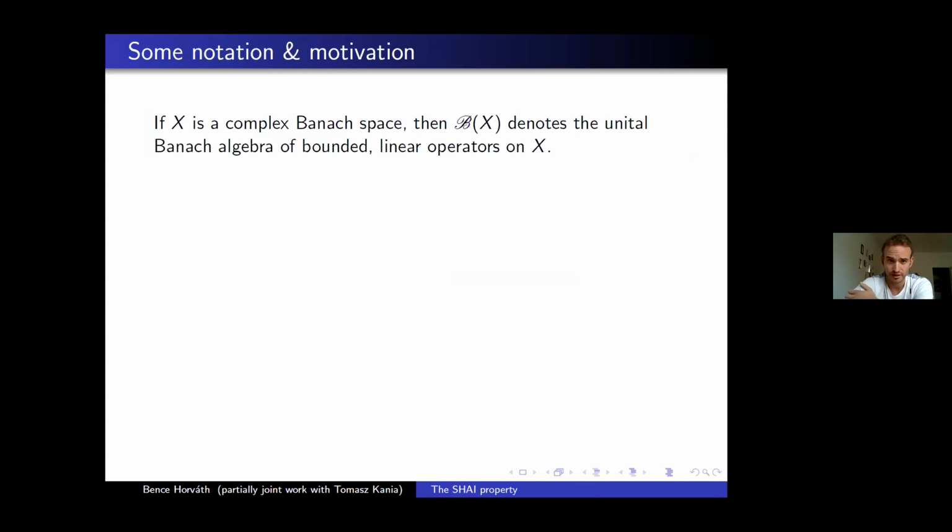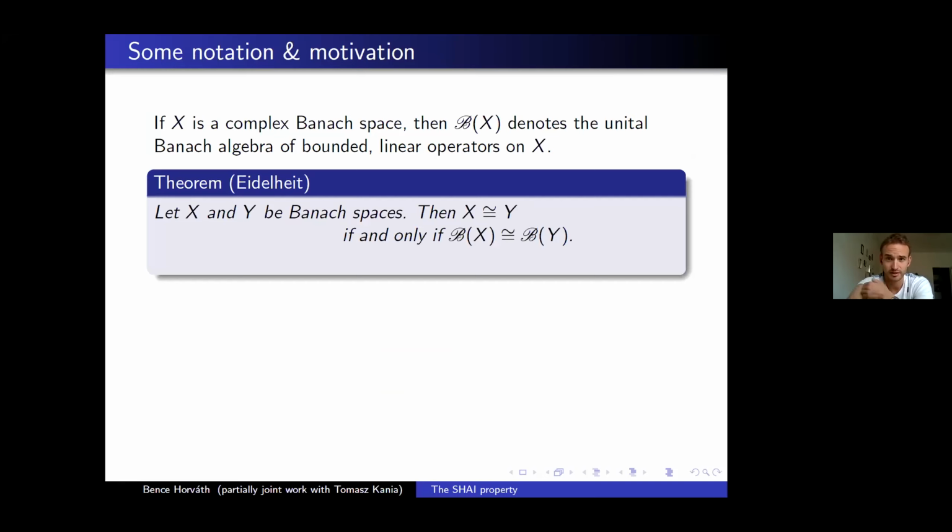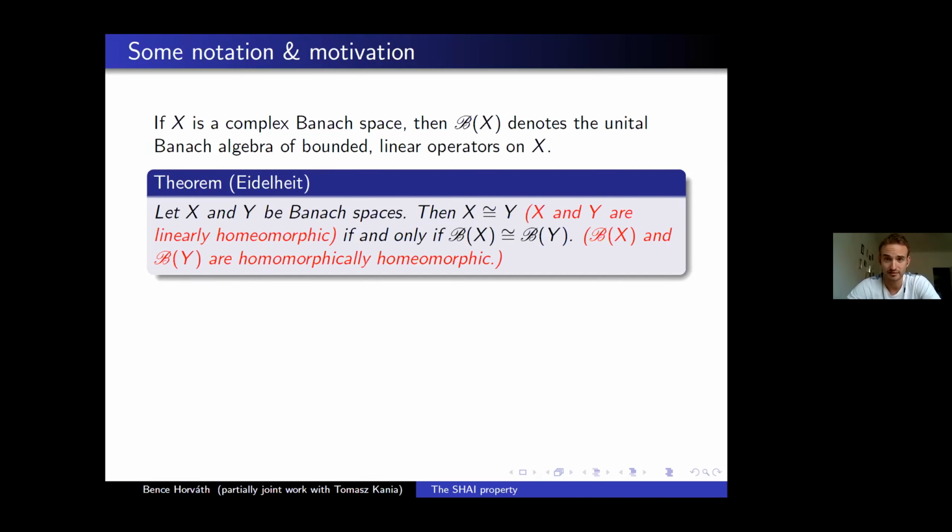As a motivation, let me give you a theorem of Idelheit from the 40s. When you have two Banach spaces, then they are isomorphic to each other if and only if B of X and B of Y are isomorphic. What do I exactly mean by that? I mean that X and Y are linearly homeomorphic if and only if B of X and B of Y are homomorphically homeomorphic.